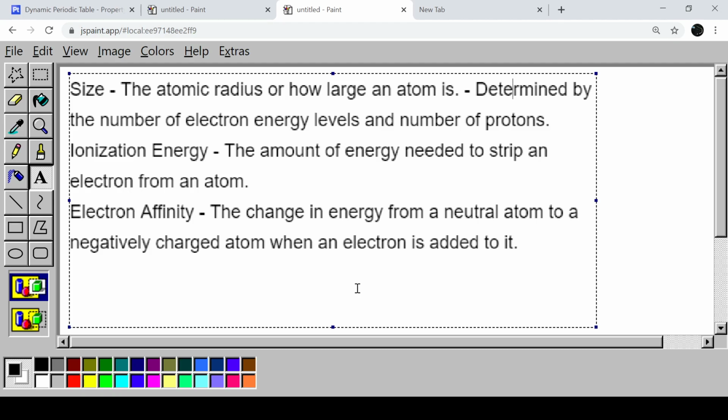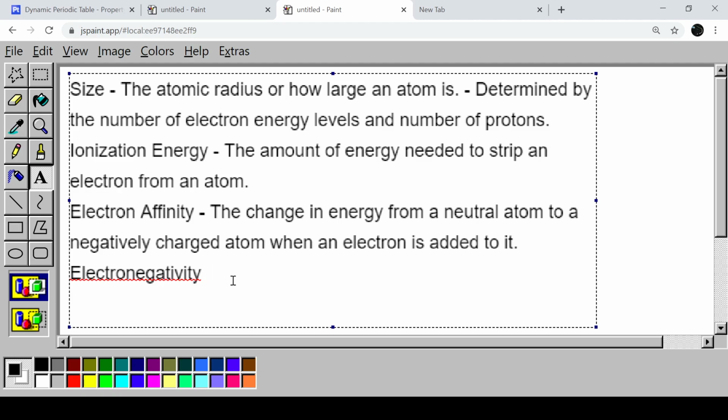One note on electron affinity is that this term is also used for the idea of electronegativity. And electronegativity, when spelled right, is essentially the same thing as electron affinity.